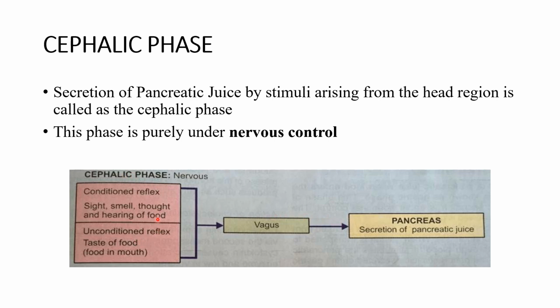So finally, the conditioned reflex, that is sight, smell, thought and hearing of food, and the unconditioned reflex from the mouth, that is taste of food, cause stimulation of the dorsal nucleus of the vagus and then the vagus nerve, which supplies the exocrine part of the pancreas, causing increased secretion from both acinar and ductal cells. So that is the cephalic phase.